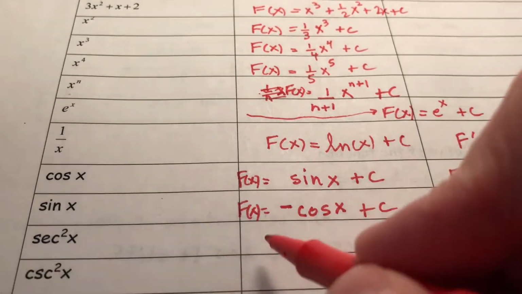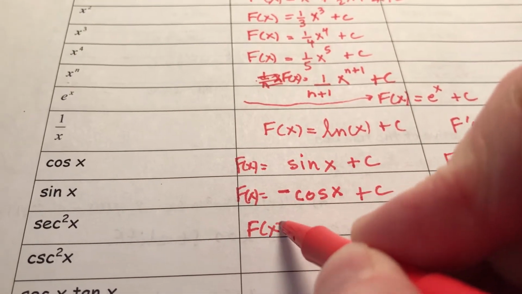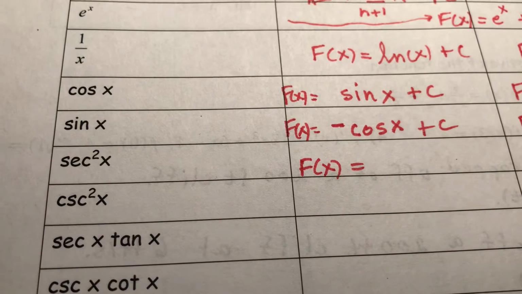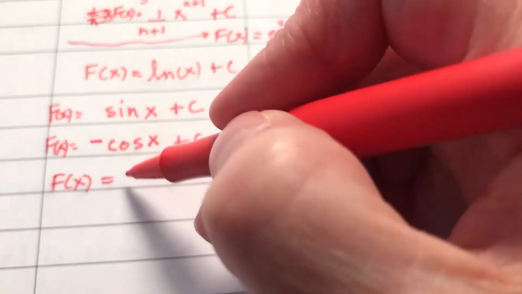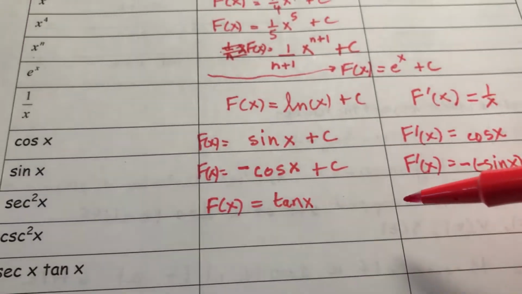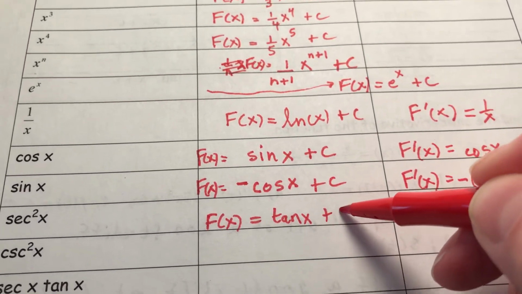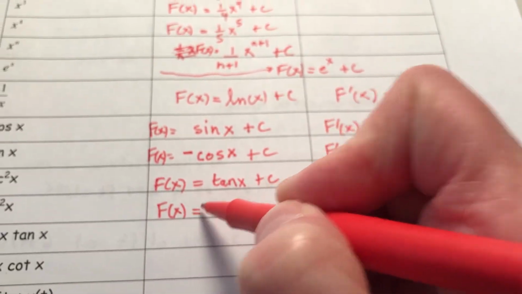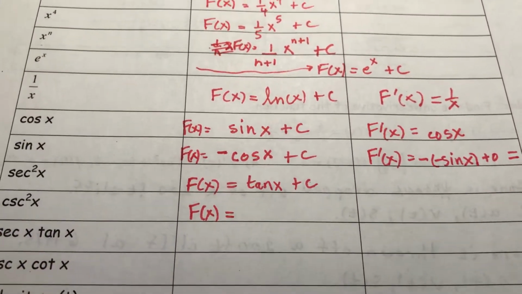Now, the derivative of what function is secant squared x? The derivative of tangent x is secant squared x. Interesting. Plus c. And the derivative of what function is cosecant squared?